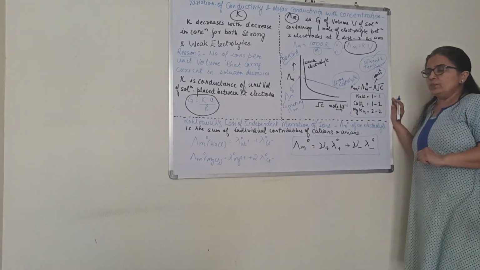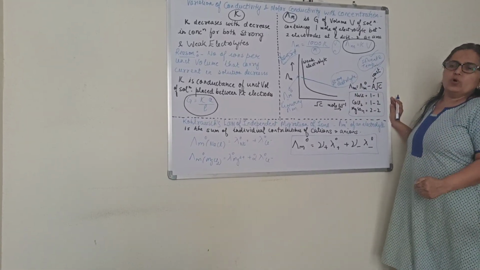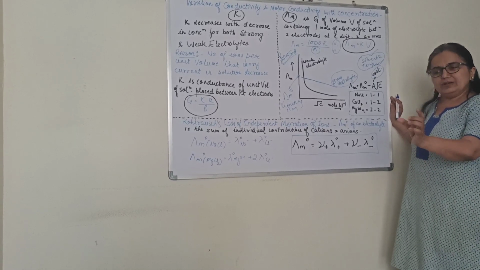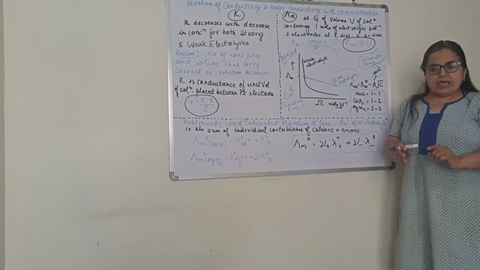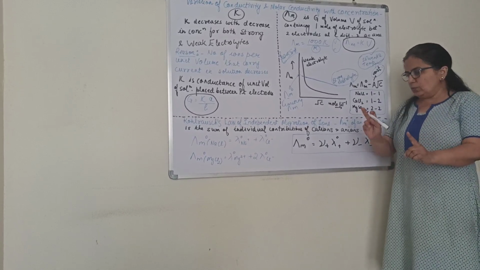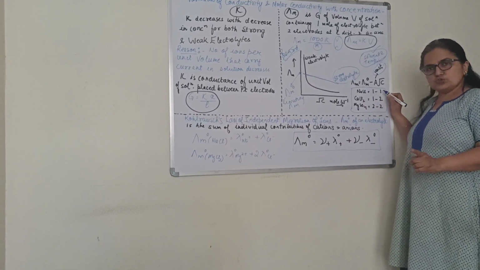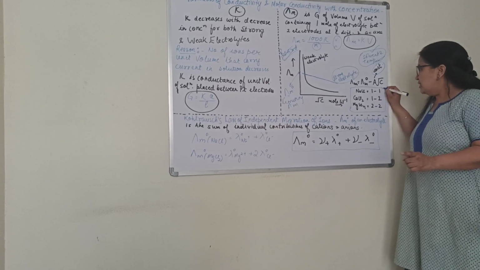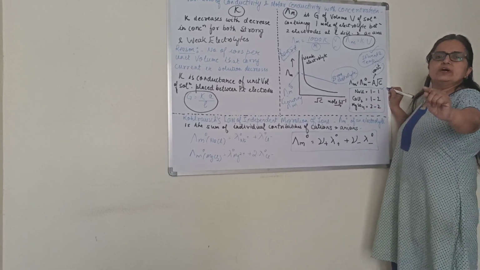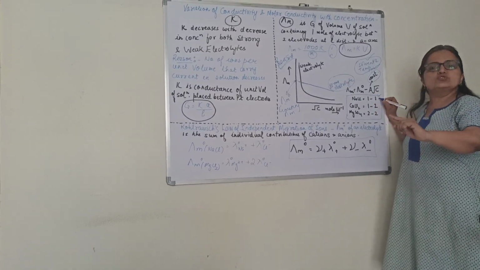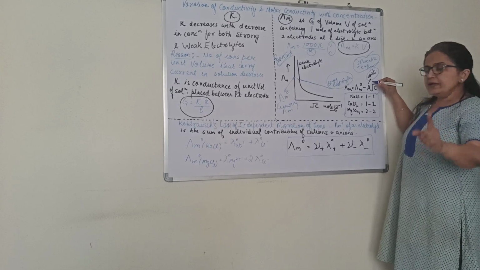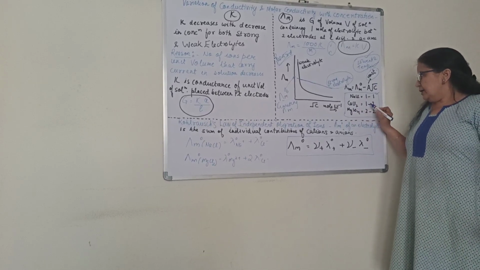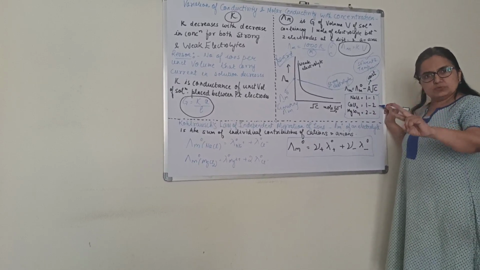Now how about solvent? Various types of solvents will give different combinations of cation and anion. For example, NaCl. NaCl has one cation, one anion. That means 1:1 ratio of cation and anion. So all such electrolytes having 1:1 ratio of cation and anion will have the same value for A. Likewise, calcium chloride. 1:2, 1 calcium, 2 chloride.